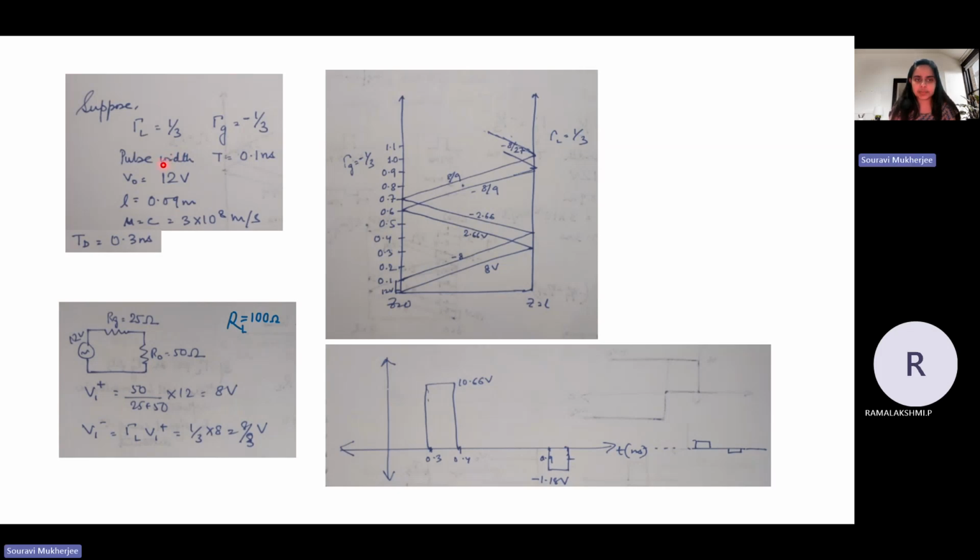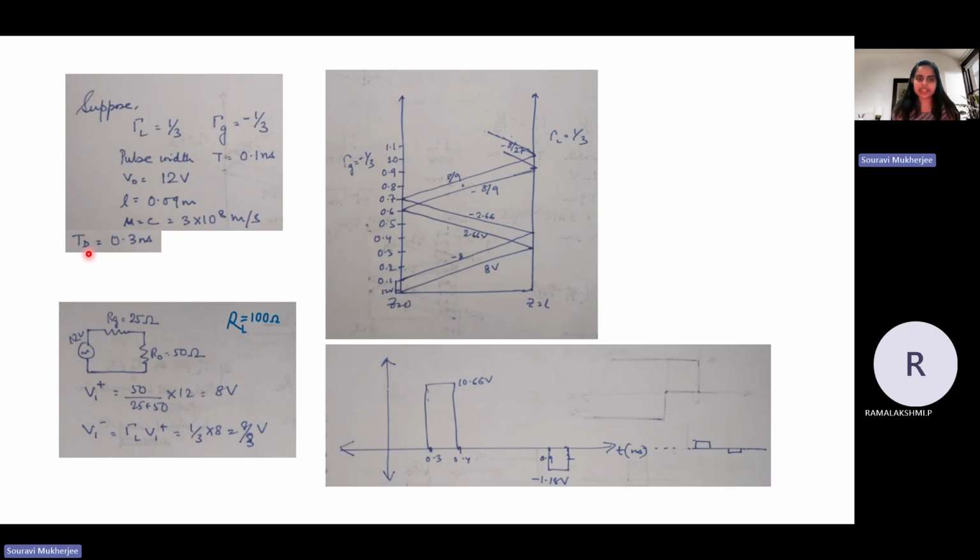There is a pulse where the amplitude, the voltage, is given as 12 volt. And the pulse width is given as 0.1 nanosecond. You have a length of transmission line, which is given as L. And the signal is transmitting at the speed of light, given as 3 into 10 to the power 8 meter per second. And T is the time that the signal takes to go from the generator end to the load end and vice versa.